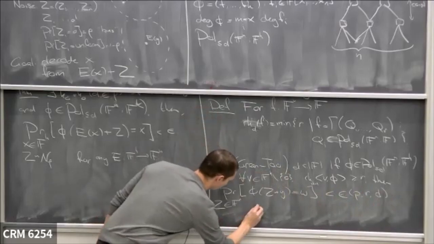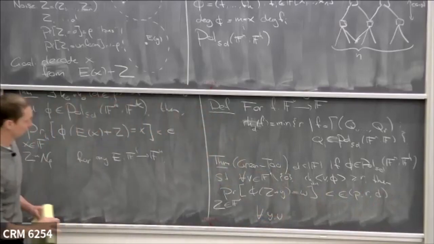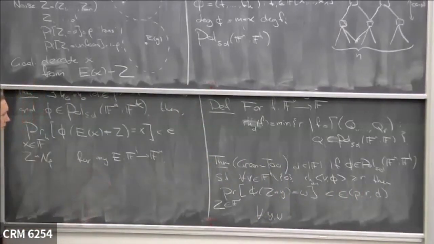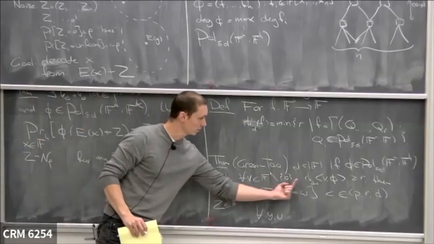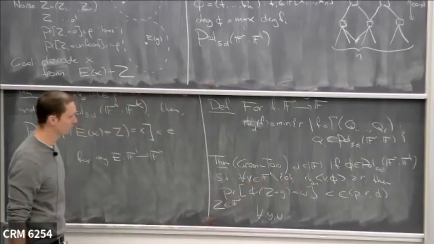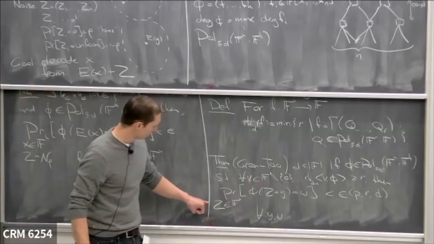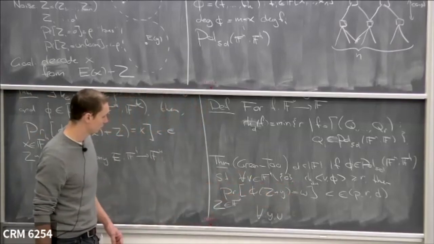So this holds for every y and w. This shows that if your polynomial map phi is quasi-random in some sense, it satisfies this regularity or rank condition, which is what you would expect if your phi is randomly sampled, then it satisfies an equidistribution result.